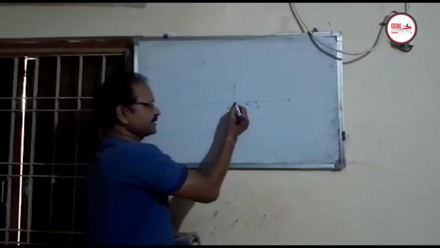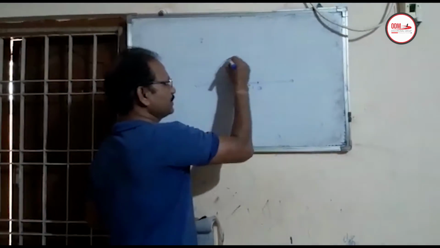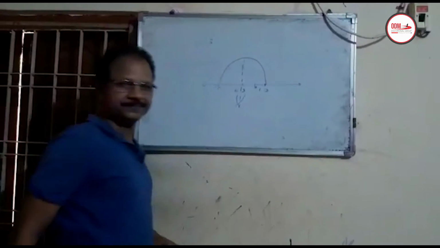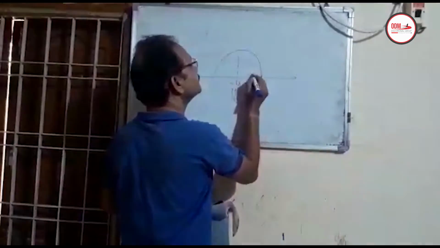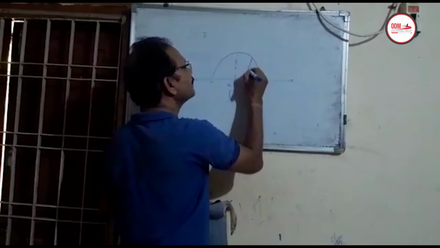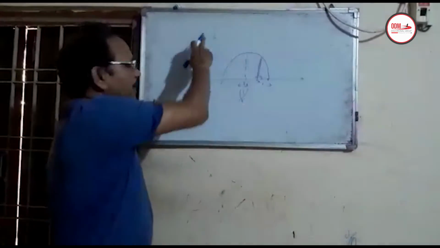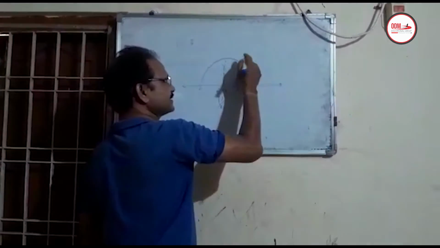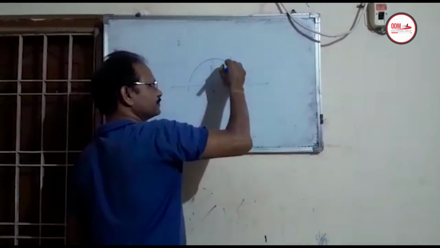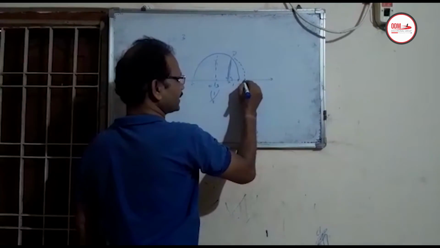Now taking the midpoint as center and either OB or OA as radius, draw a semicircle. Now at point H, draw a perpendicular. This length gives you root over 6.3. Now taking O as center with this as a radius, draw an arc. It cuts the number line at this point.